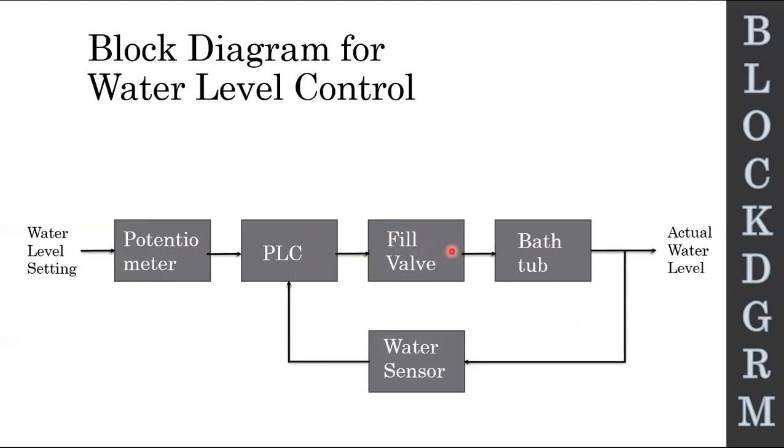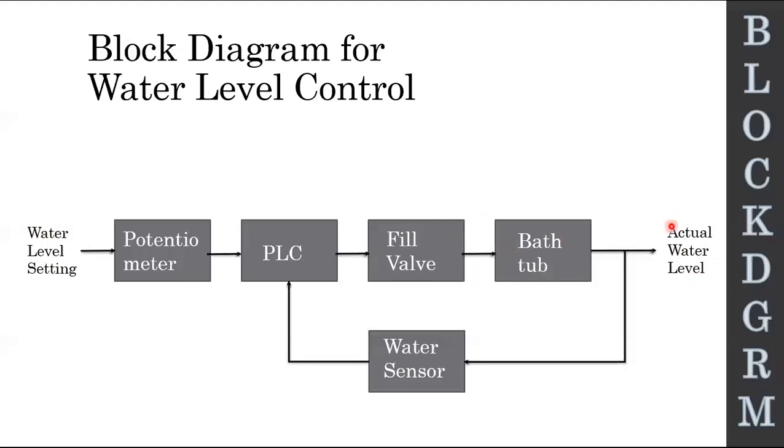And ang fill valve naman, activated na. So, may water flowing na siya na increased flow rate na. At yung water na sinusupply ni fill valve ay matatanggap ni bathtub. At yung tubig kay bathtub ay magkakaroon ng increase in the water level kung nag-increase tayo ng setting.